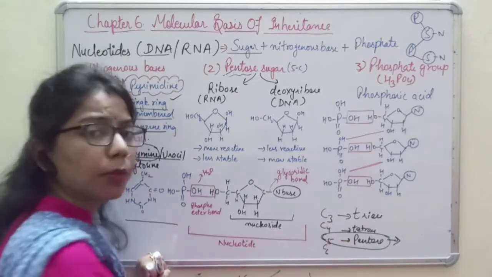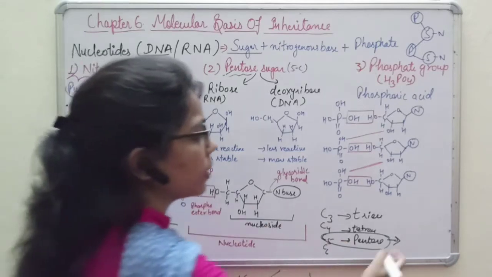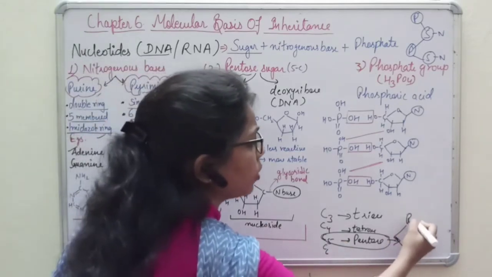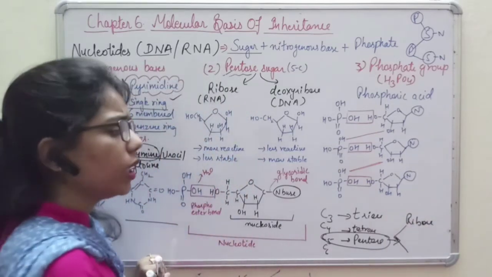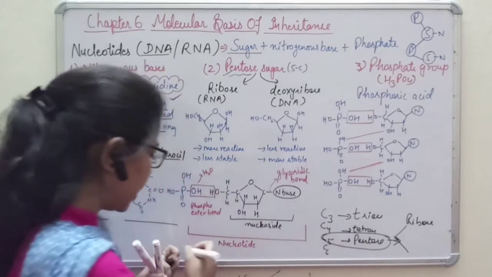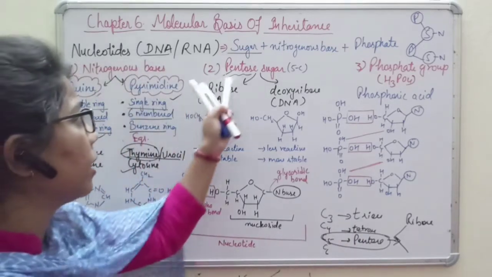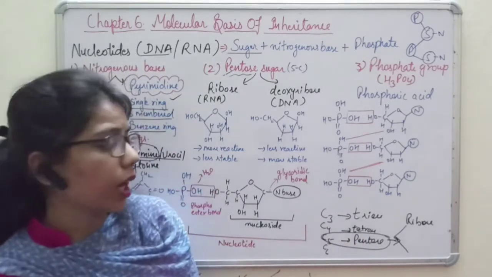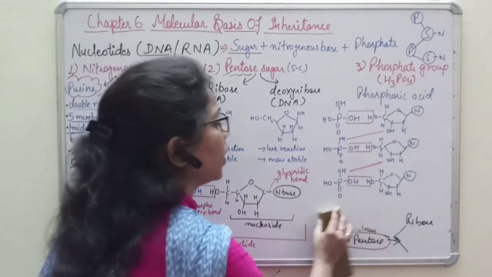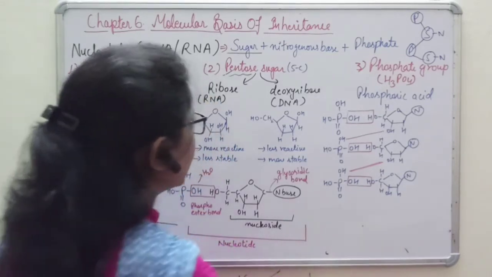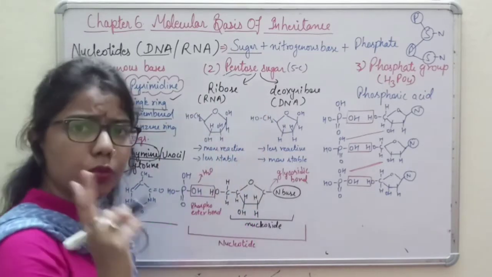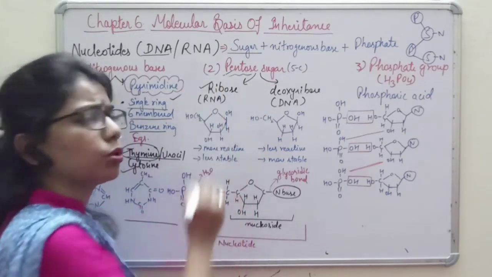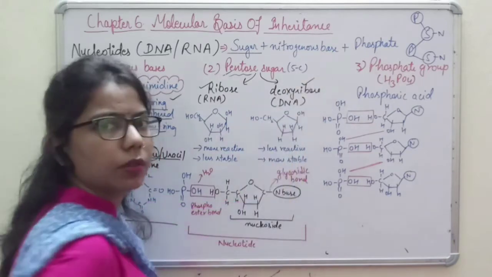What were the examples of pentose sugar? There were 2 examples of pentose. What were they? Ribose and then deoxyribose. Okay, so we can say that pentose sugar, the name itself indicates it contains a 5 carbon chain. Now if you talk about this pentose sugar, again it can be of 2 types. What are they? Ribose sugar and deoxyribose.